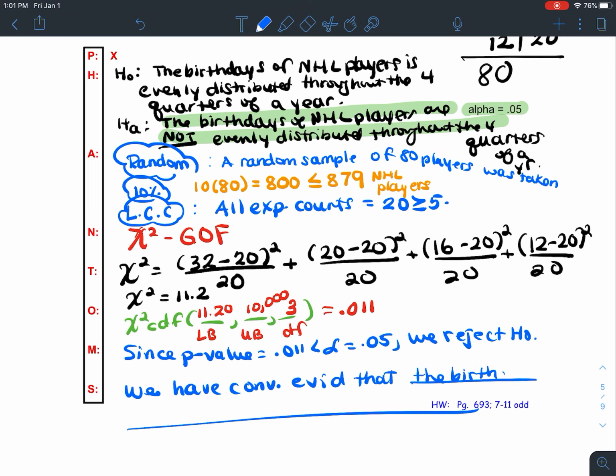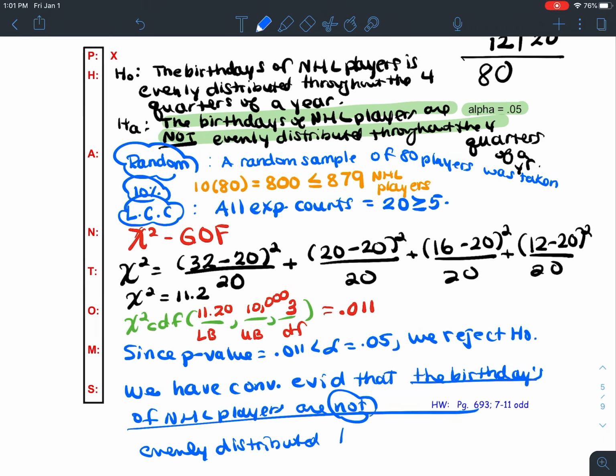And that is that the birthdays of NHL players are not evenly distributed through the 4 quarters.